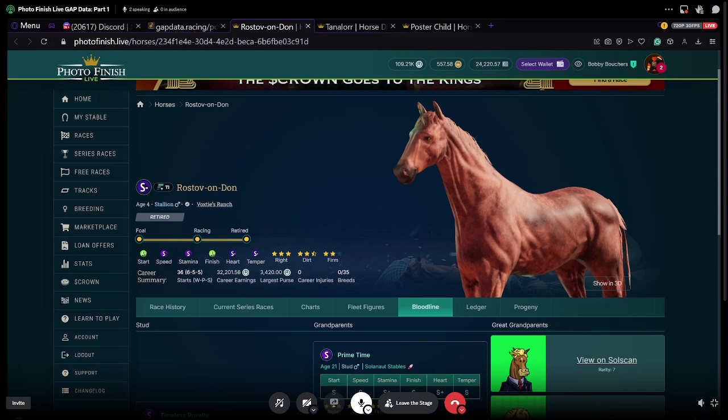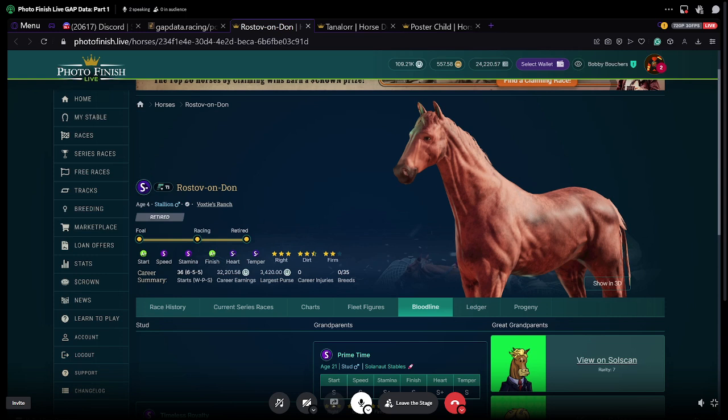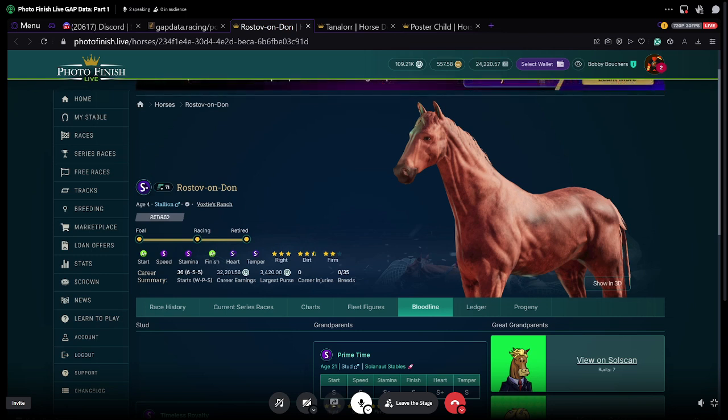But most of my horses, I don't know what percentage of my stable, but probably 75% is in house, so it's a lot cheaper for me to race. I bred 48 times, and maybe only 10 of them were outside this time. So it's about a quarter or even less.